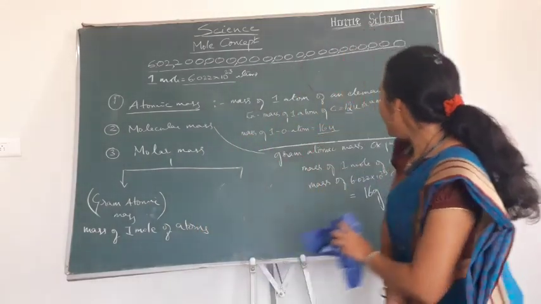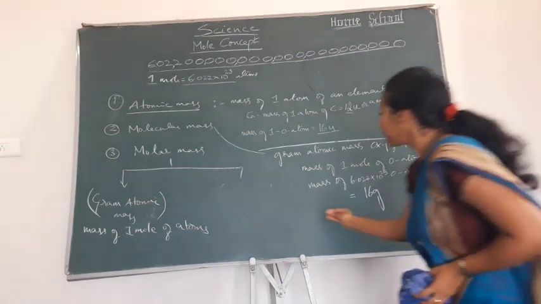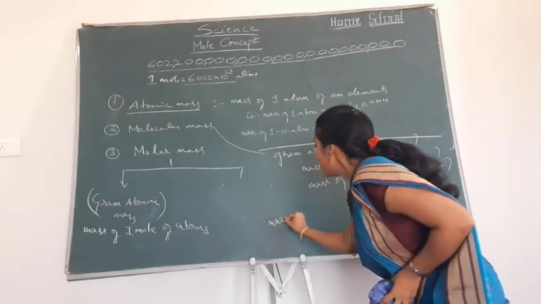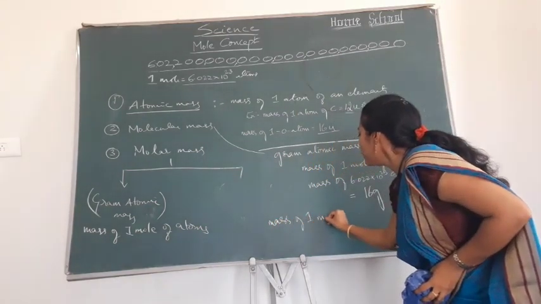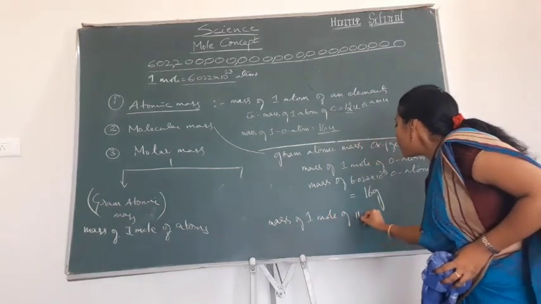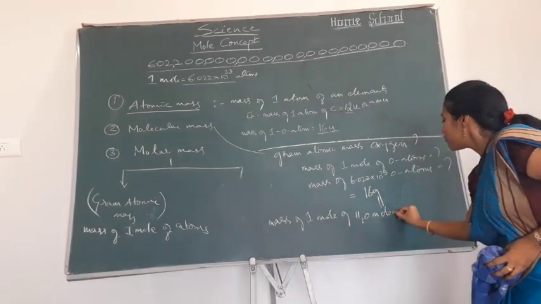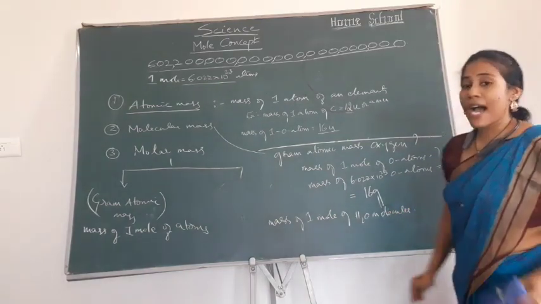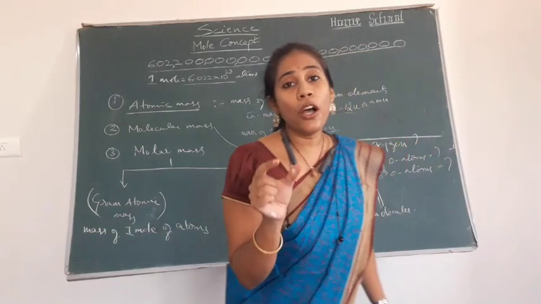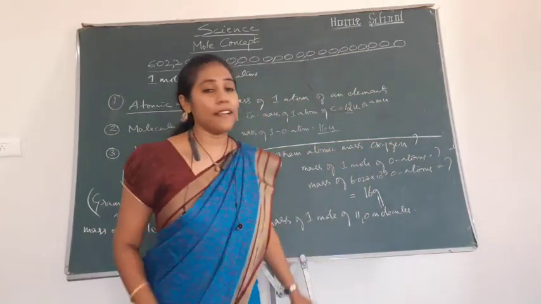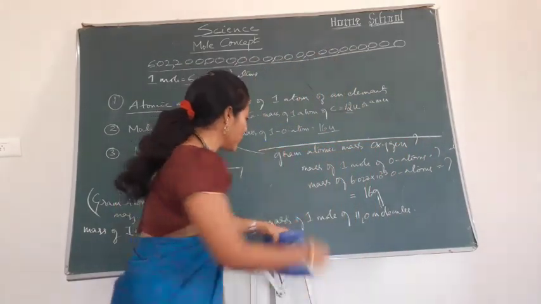And similarly, if I ask you a question: what is the mass of 1 mole of water molecules? Listen to the question. Mass of 1 mole of water molecules. What is the meaning?